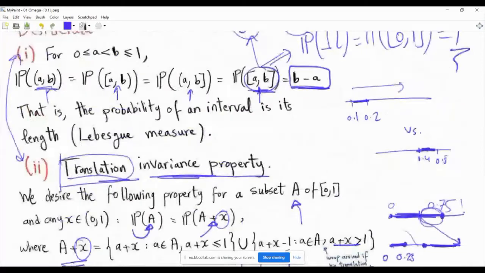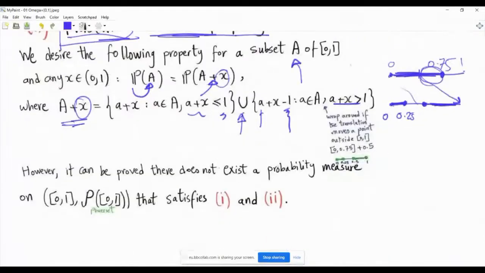It is impossible to satisfy these two if we insist on choosing the power set of big omega as our sigma algebra. Suppose that you have a measurable space, which is basically the interval from 0 to 1.